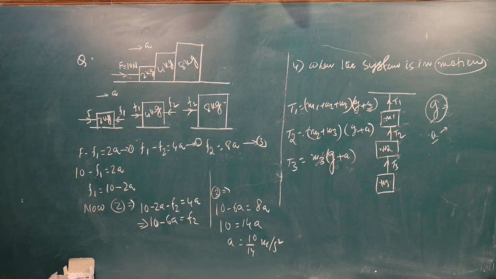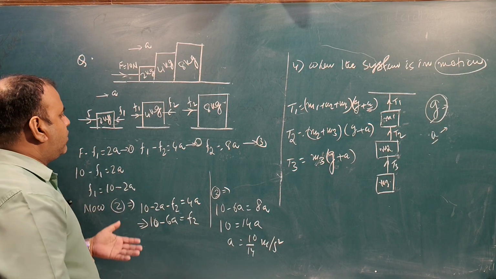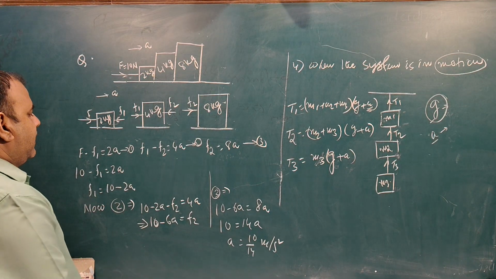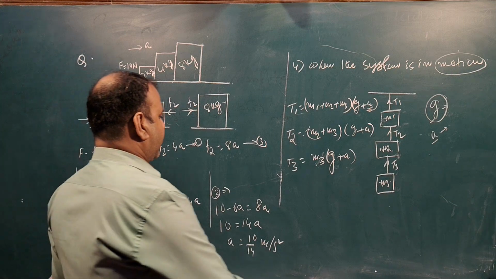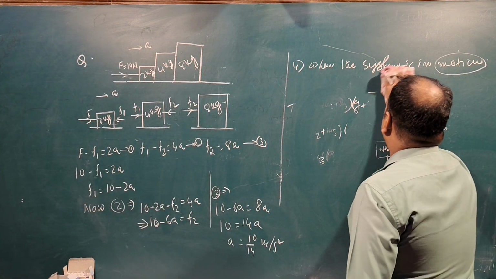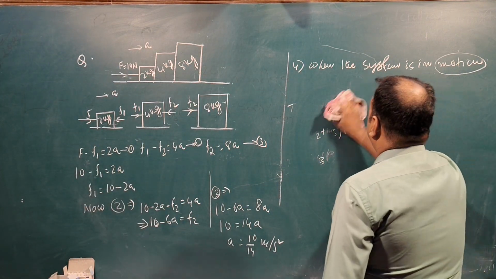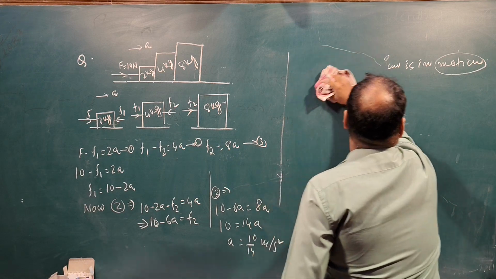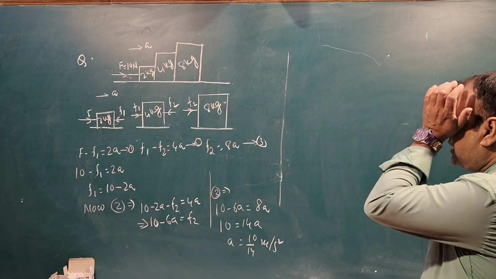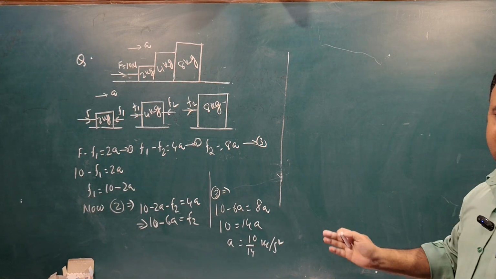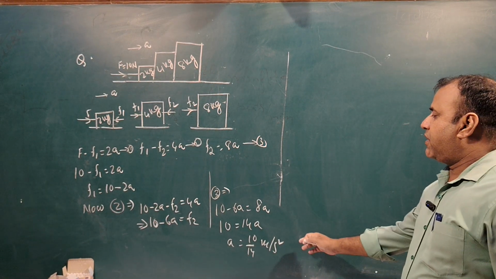This is the acceleration. Now if you put the value of a in the equations, you will get the values of F1 and F2. So we are getting the acceleration equal to 10 divided by 14 meter per second square.